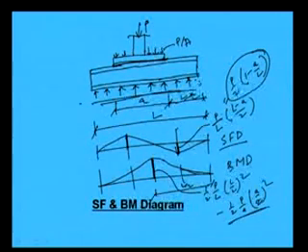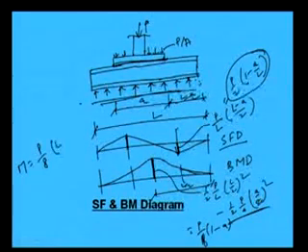If we simplify this, we will finally get P by 8 into L minus A. So the maximum bending moment M is P by 8 into L minus A. So these are the design forces developing under the load P.